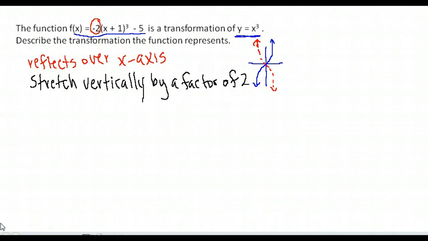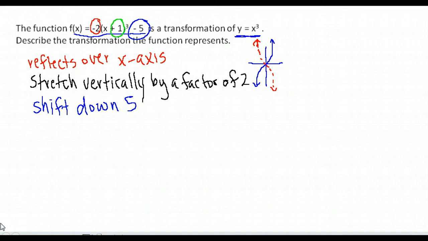Okay, what's our next thing that I see? I see this minus 5 here outside of the function, once again outside of the operation, so I know that's up or down. The negative tells me that's going to shift down because it's negative 5. And there is one thing left that we haven't addressed, and that's the plus 1. Notice that's inside the parentheses, so that affects our x values, or our left and our right.